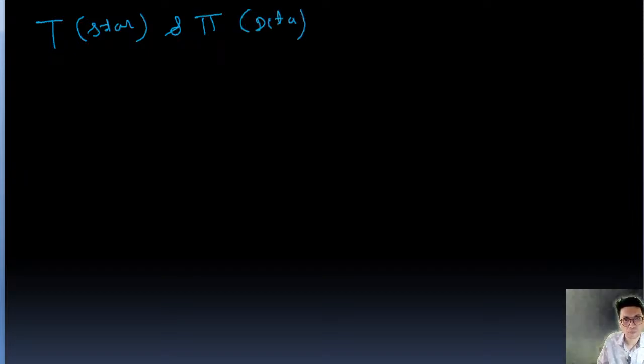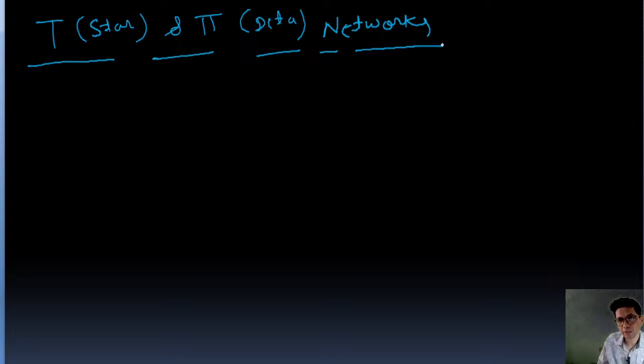Or we can say T is star, and pi is called delta. Star or delta networks. Very important. We can solve complicated networks easily if you know it.